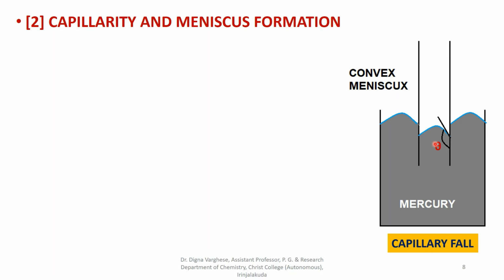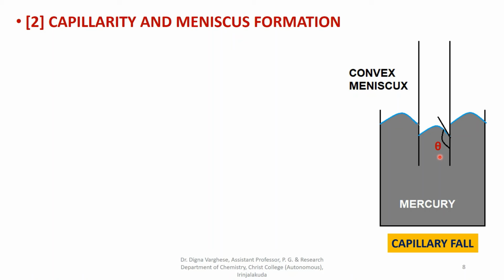Here the angle between a tangent drawn at the meniscus and the wall of the capillary tube is represented as theta, that is the contact angle or angle of contact. For a capillary fall, the angle is always greater than 90 degrees, that is theta is greater than 90 degrees.